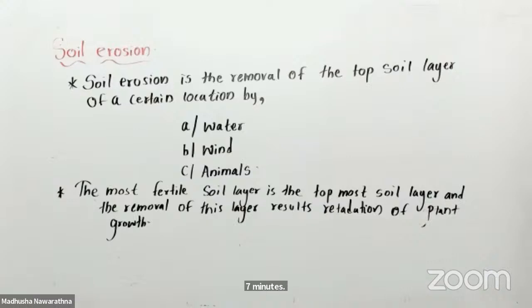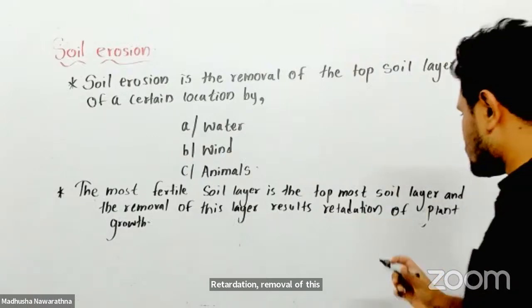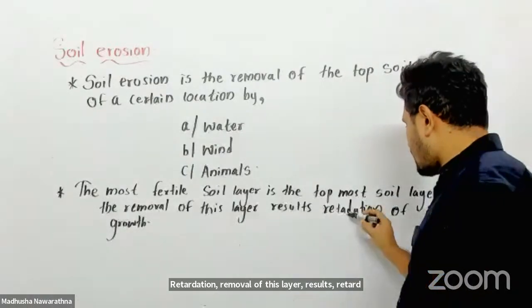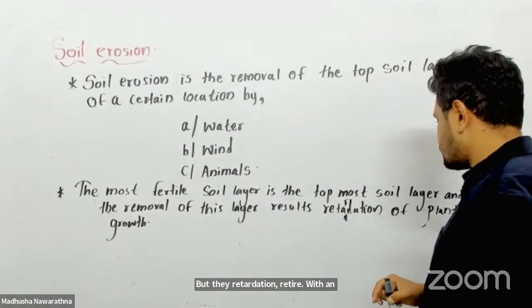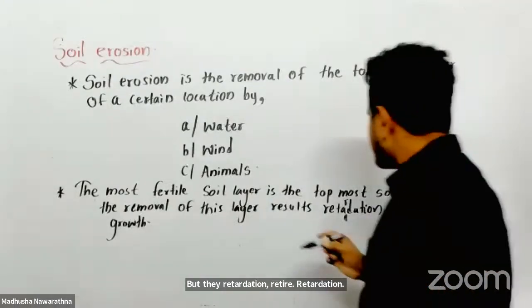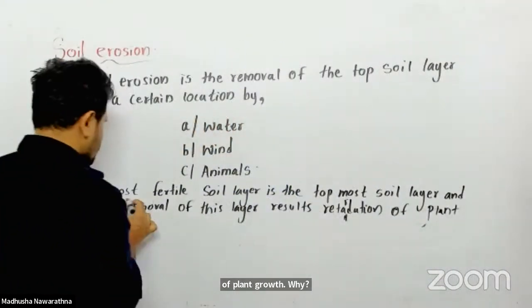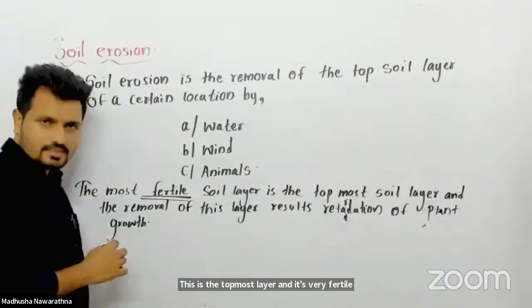Removal of this layer results in retardation. Put an R here. Retardation of plant growth. Why? This is the topmost layer and it's very fertile, with lots of nutrients.